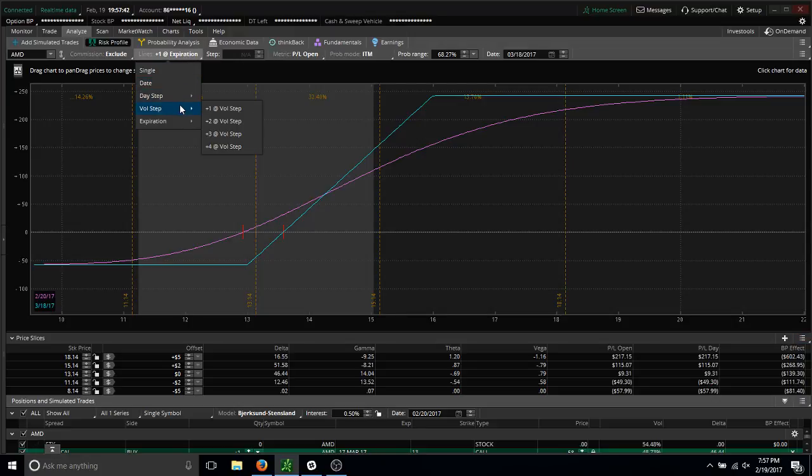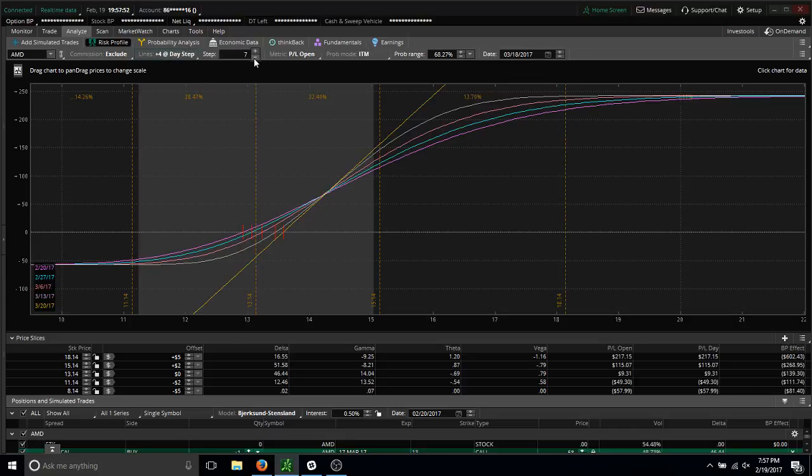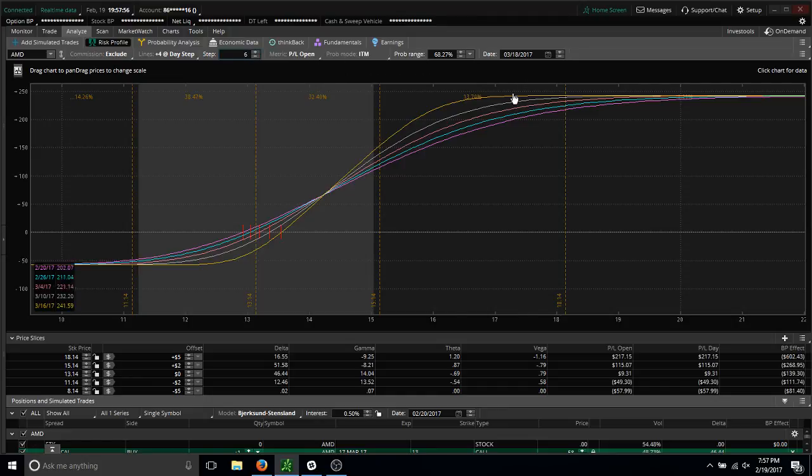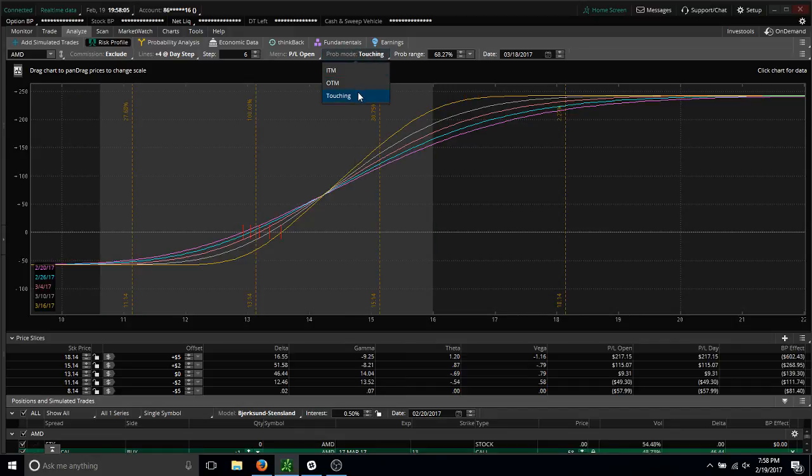So here you can actually do vol stepping too, so volume and expiration. But Theotrade guy was saying that his favorite is his 4-day step. So we'll back off to this. So we can even do here the probability of touching.